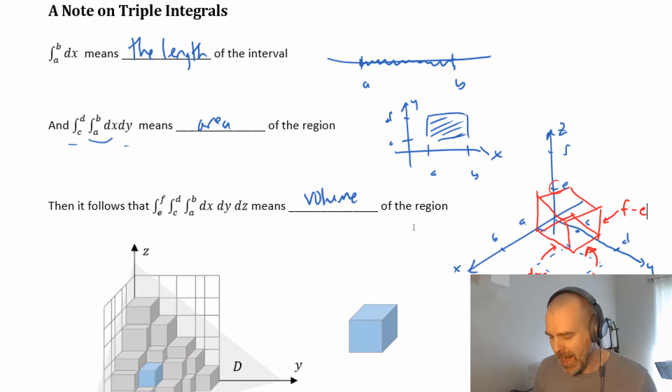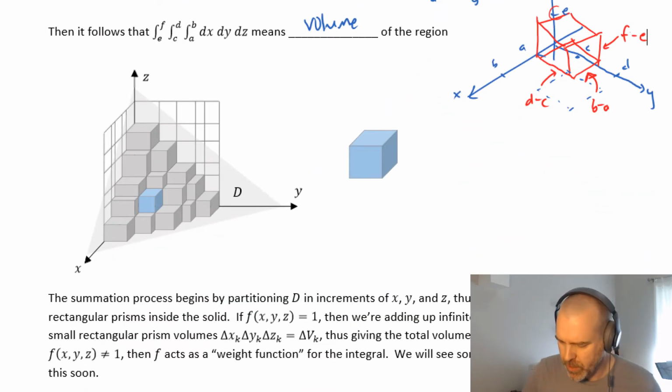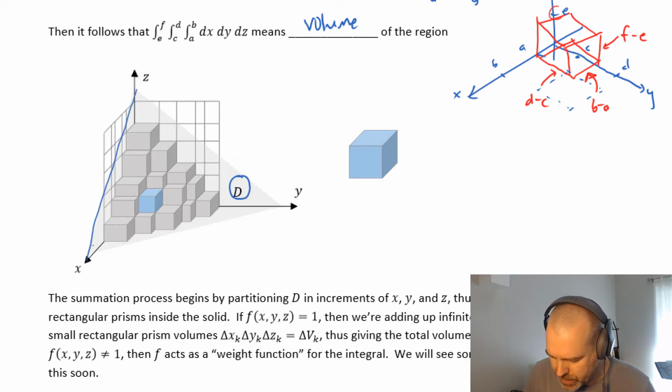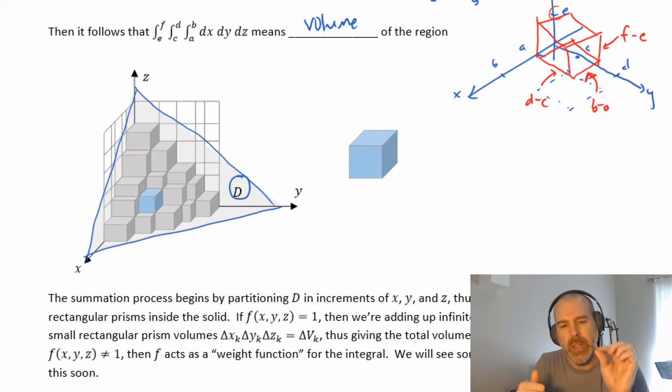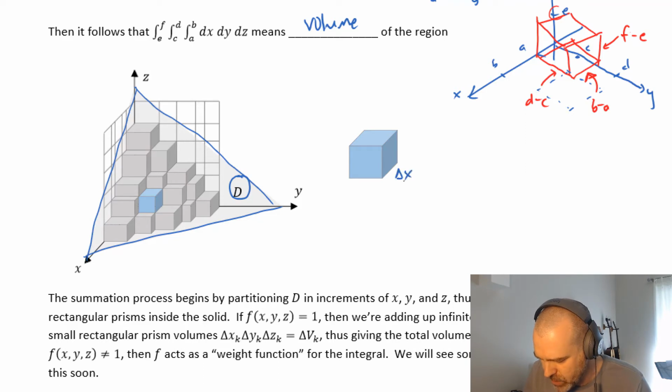So what we're going to look at now is, what does it mean if we integrate over a region? The idea here is that we have some domain that we're integrating over, and here we're representing it by some kind of triangular region in the first octant. Then we're looking at little boxes with some delta x width here, delta y here, and delta z here.